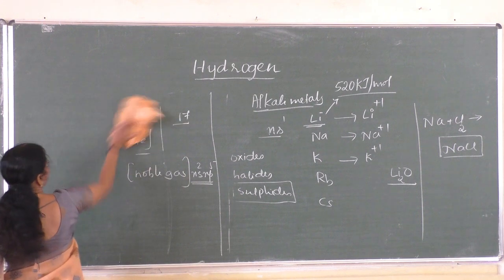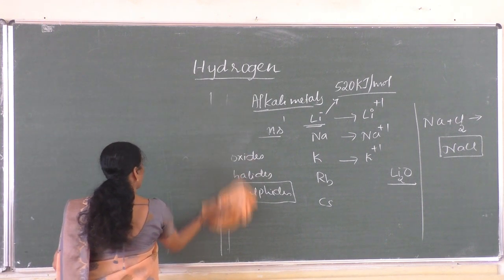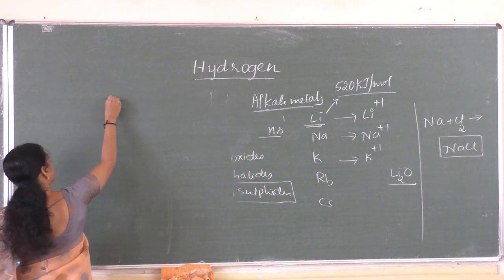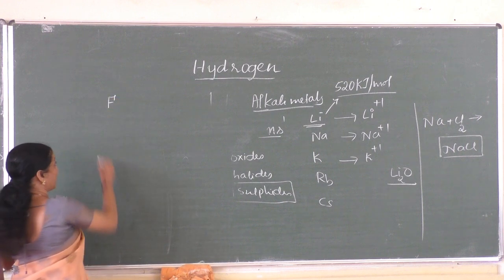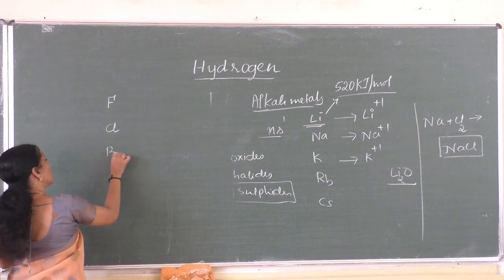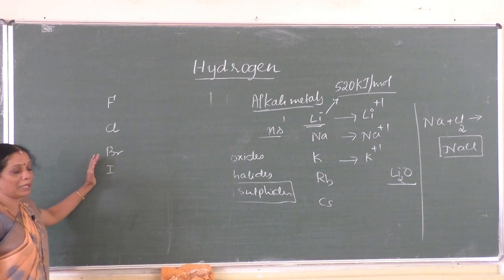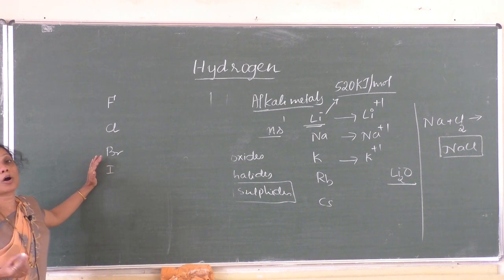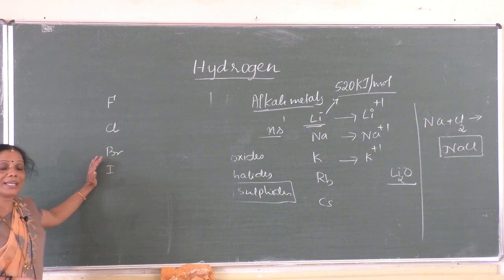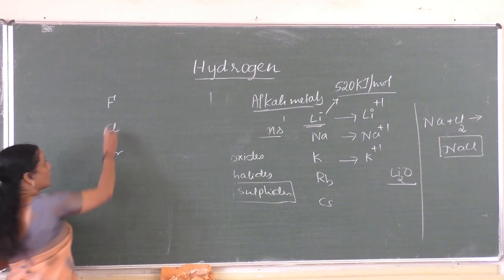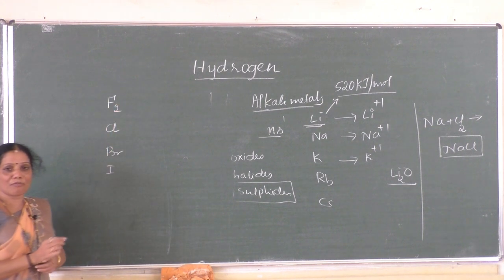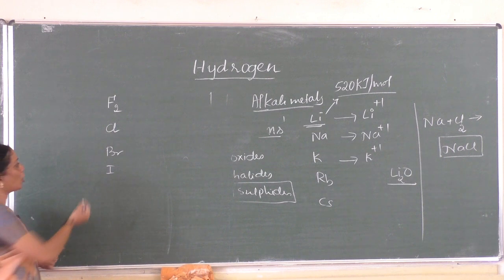Along with that, if I consider any of the group 17 elements, starting from fluorine, chlorine, bromine, iodine, always the group 17 elements exist in a diatomic molecular form. Always they are diatomic molecules. Fluorine exists in the form of F2, that is a diatomic molecule.